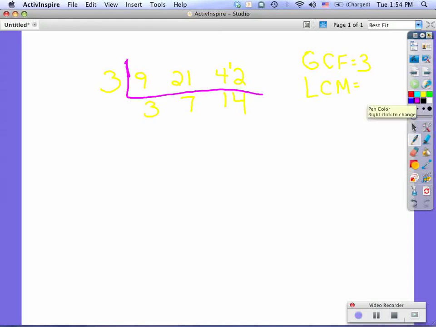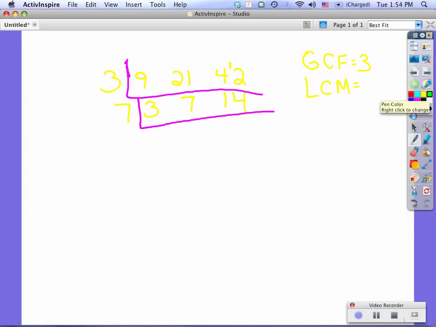So, guess what? I'm going to go draw another line. And what goes into both 7 and 14? 7 goes into both 7 and 14. Does 7 go into 3? What do I do with my 3?